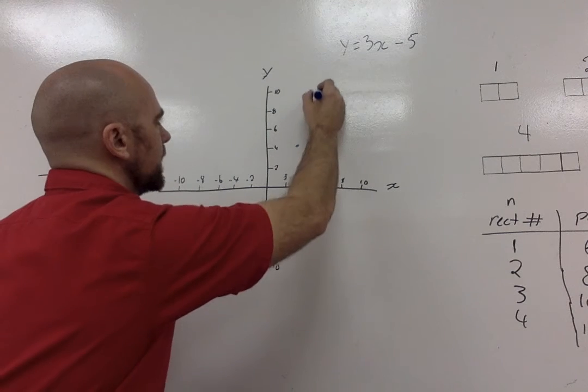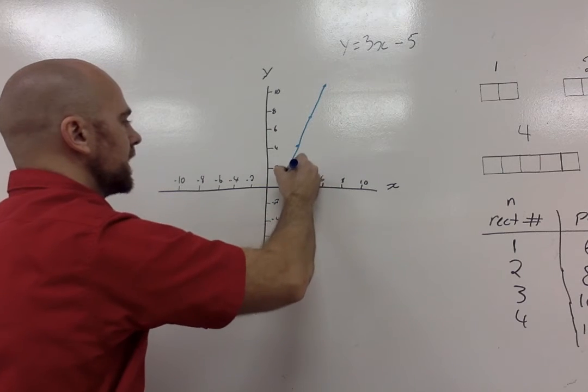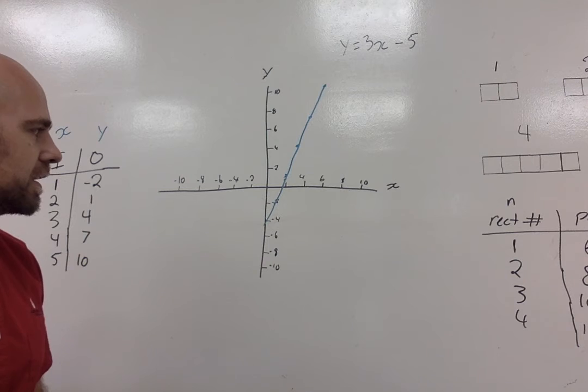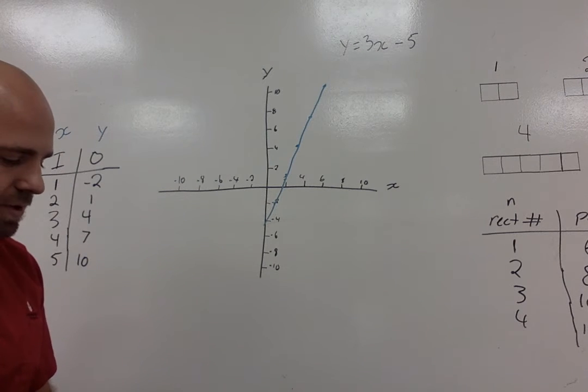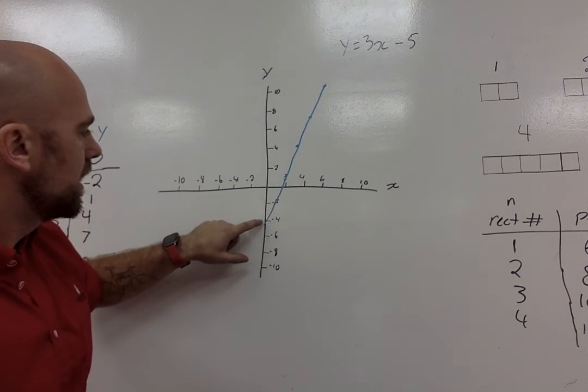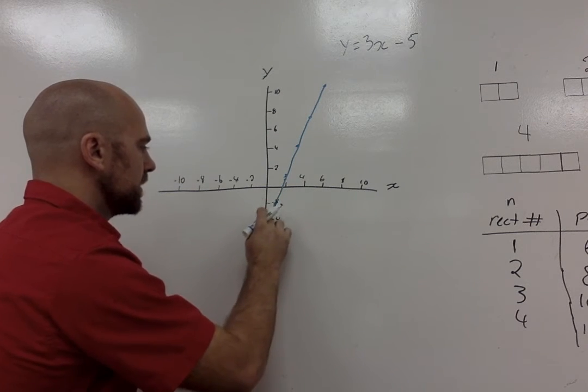So 5 and 10. Okay, so if I took a ruler and I connected all these, it would look something like this. Right? So as I can see, my slope is going up. This intercept should be a little bit lower, should be down here.